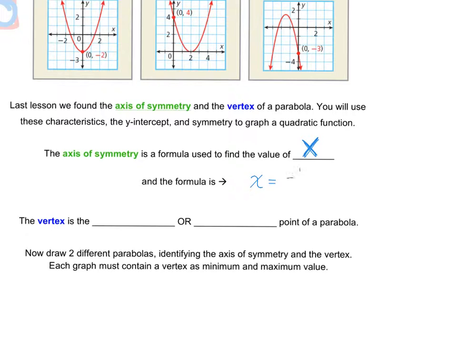X equals negative b over 2a is the formula to find the axis of symmetry. The vertex is either the maximum or the minimum of the parabola. All words that we've learned.